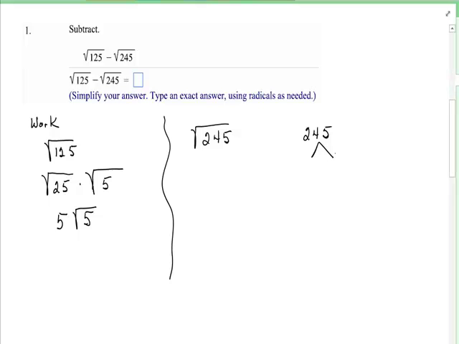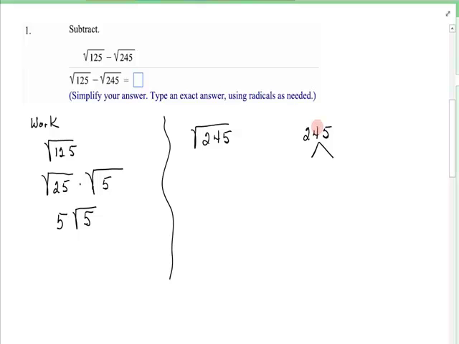Well, you can try a non-perfect square, but that's kind of a risky process. It's not even, so there's no point in trying an even one. Let's try 9. We're just testing. 245 divided by 9. Nope, 9 didn't work. Let's try a larger one, but it needs to be odd, because if it were even, this number would be even.